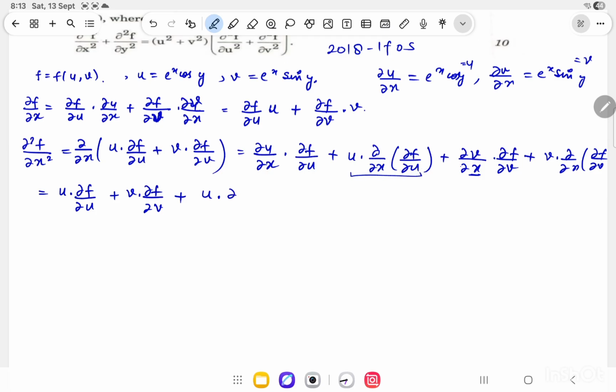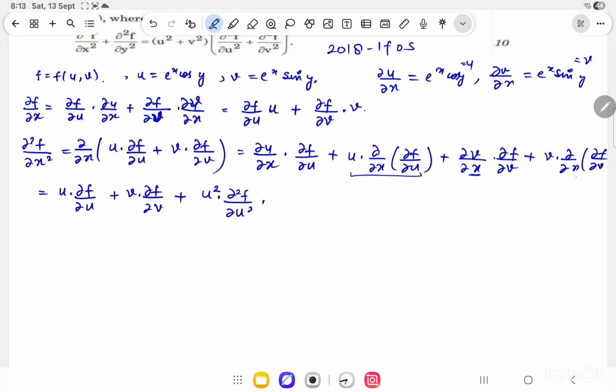I can write this term as u into del by del u of del f by del u into del u by del x. So this gives me u into del square f by del u square into del u by del x, which is u, so it will be plus u square into del square f by del u square.